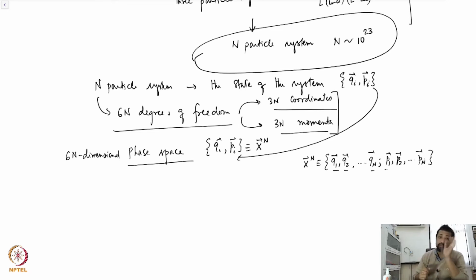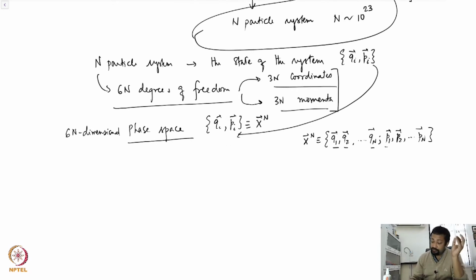We say that we are going to sacrifice this, and we are going to talk about a probabilistic description of the time evolution of the system. We say that in the phase space, we can only know with certain probability the state of the system. We cannot know for sure with certainty the state of the system.